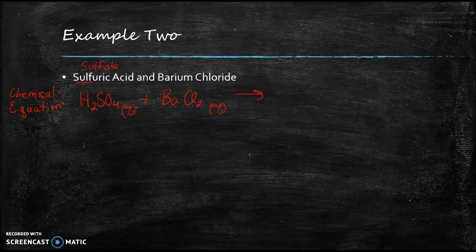Now to predict our products. Again, because this is a double replacement reaction, we are going to have barium hooking up with sulfate. Barium's +2, sulfate is -2, so they are happy. And we have HCl. This is also an acid.